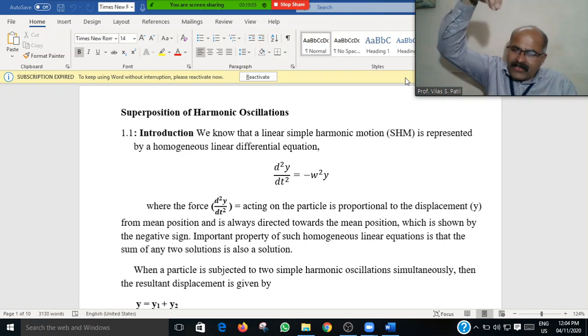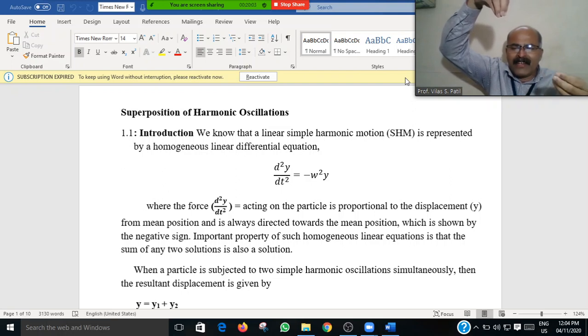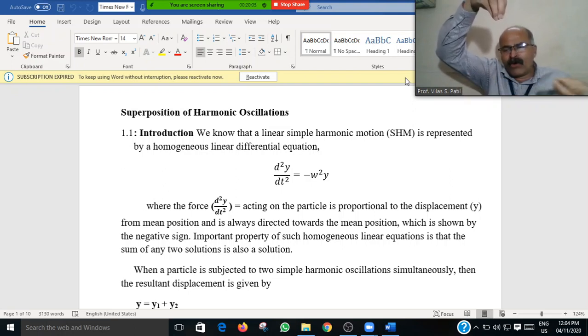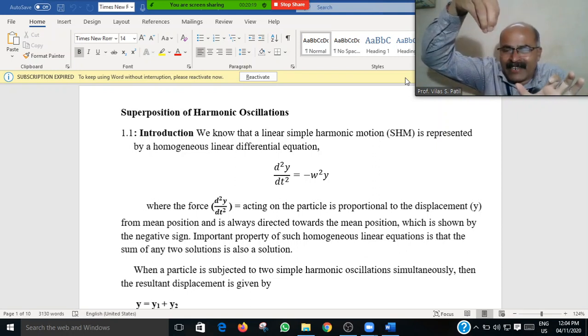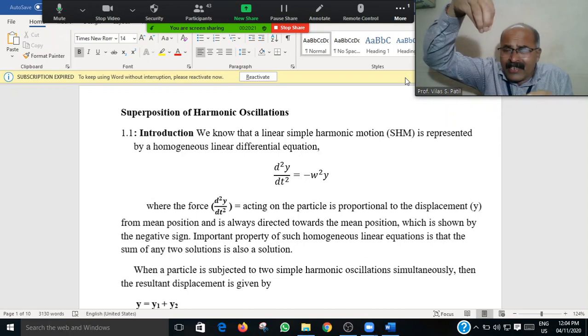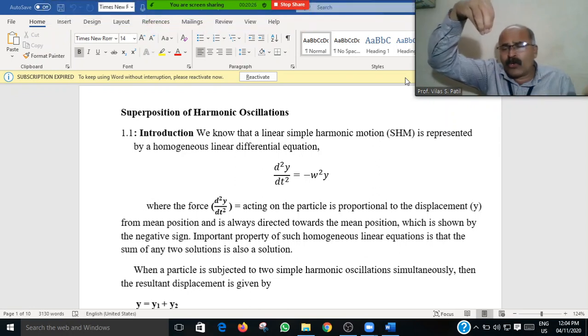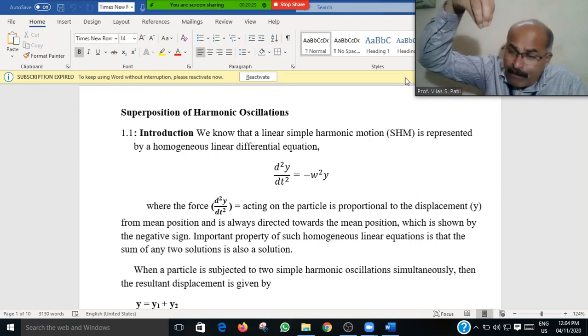But we know that if the simple pendulum is suspended, and we pull it to one side and release, then it will oscillate about the mean position. The distance of the simple pendulum from the mean position is known as the displacement, and the total distance it travels is known as the amplitude.